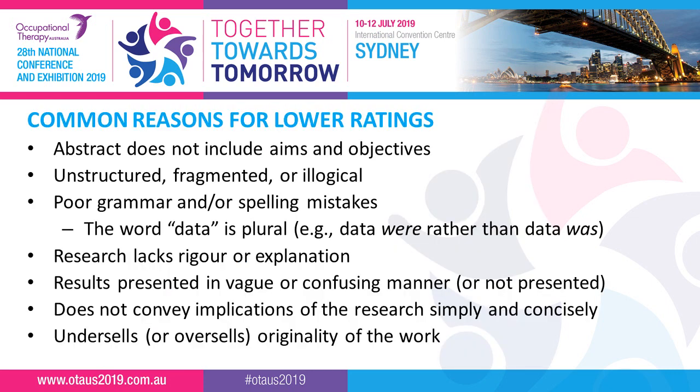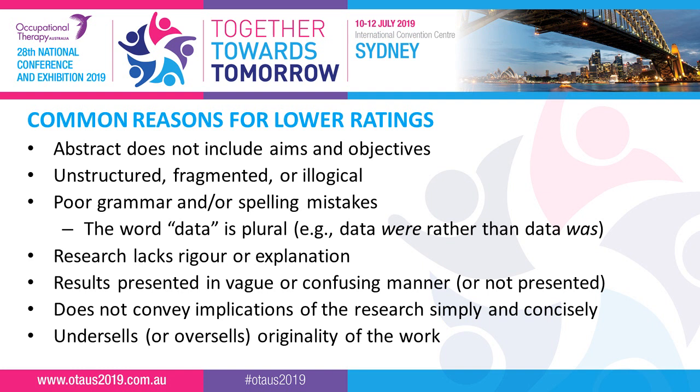So in looking through previous years and thinking about why people end up with lower ratings, sometimes it can be that the abstract just doesn't include some of the required sections, and often people leave out the aims or objective section.